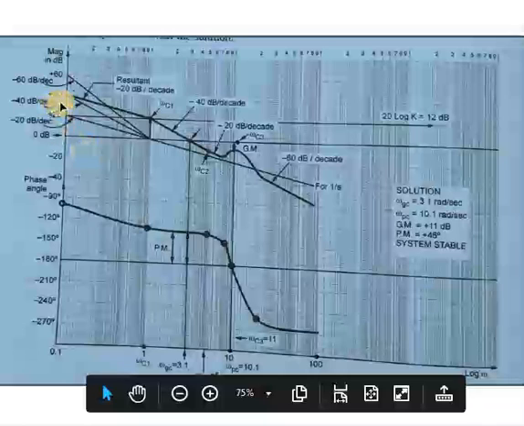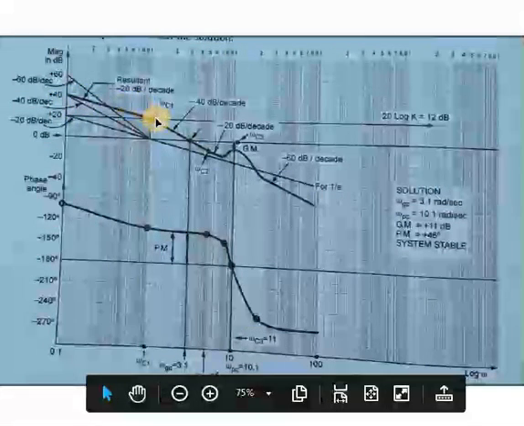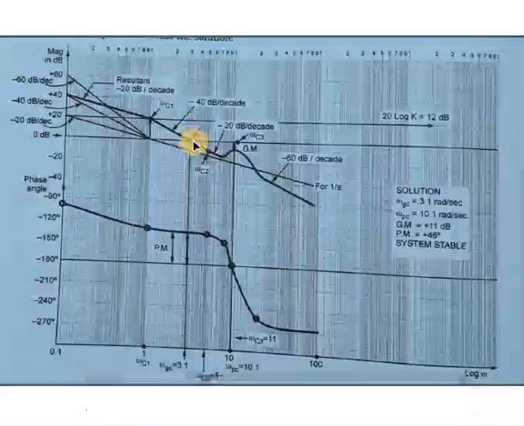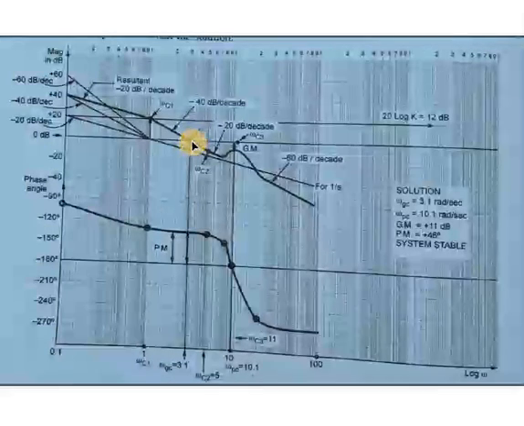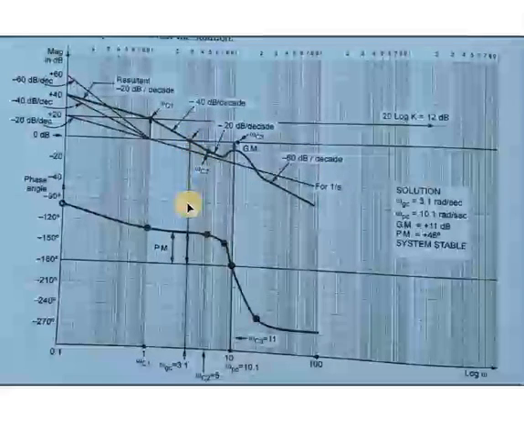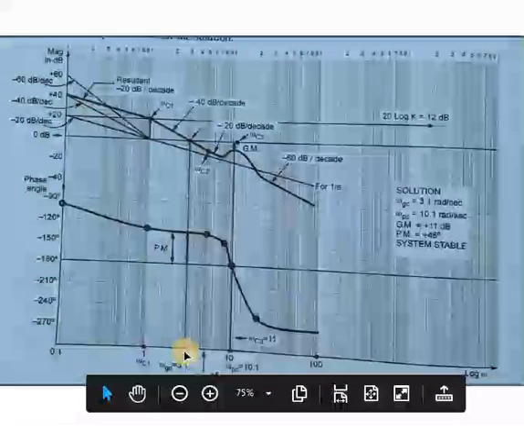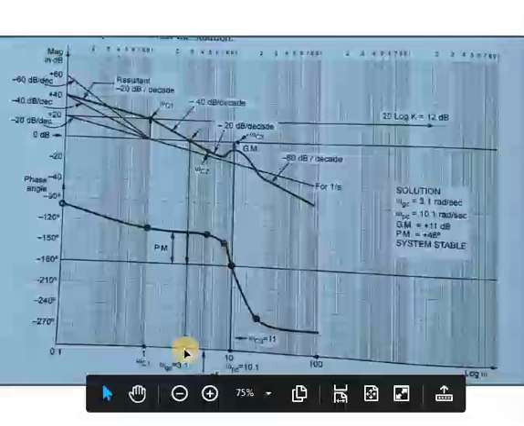Similarly, look for the magnitude plot intersection with the 0 dB line. So here it is having intersection with the 0 dB line. From there you draw a vertical line till 180 degree and extend the same line with the same inclination up to the omega line, that is the x-axis.